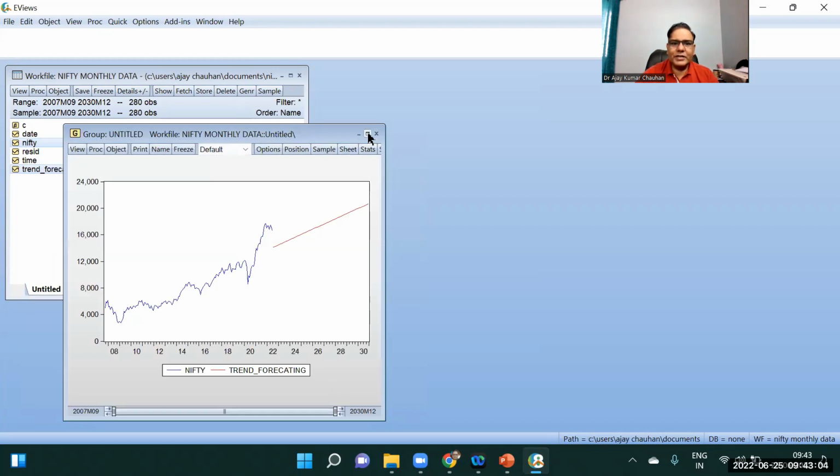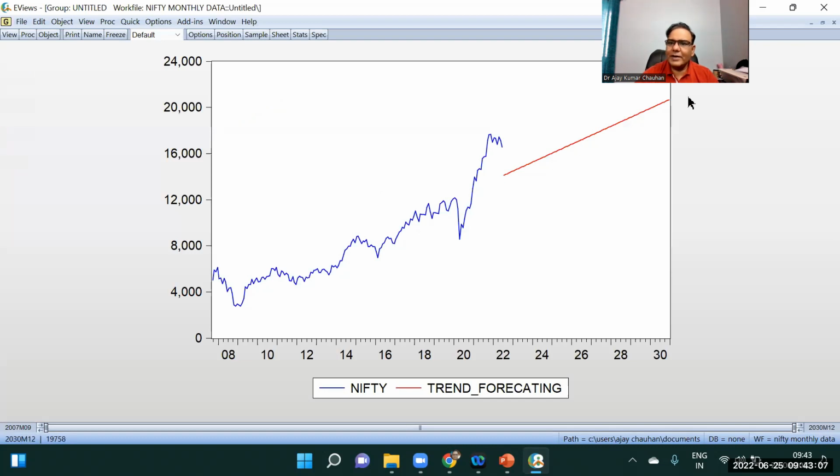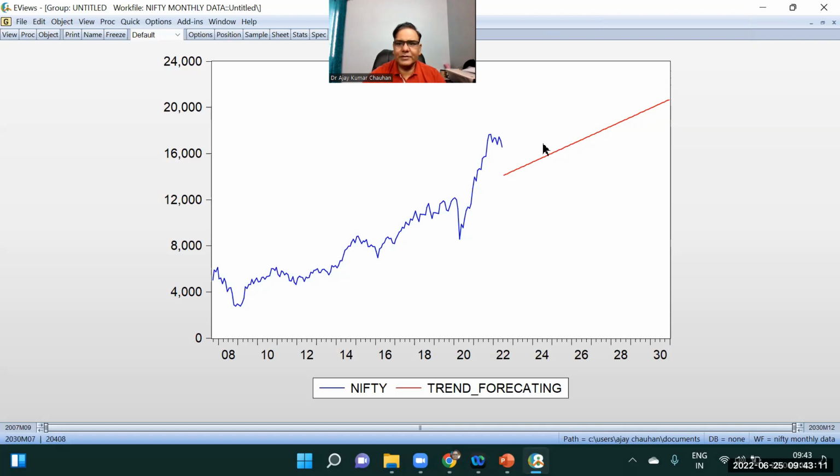You can see that the red line is showing you the forecasted value of the series. This line is showing you the average value of the Nifty in coming days, how the Nifty should move. And this drop is showing you there is a correction required in this series.